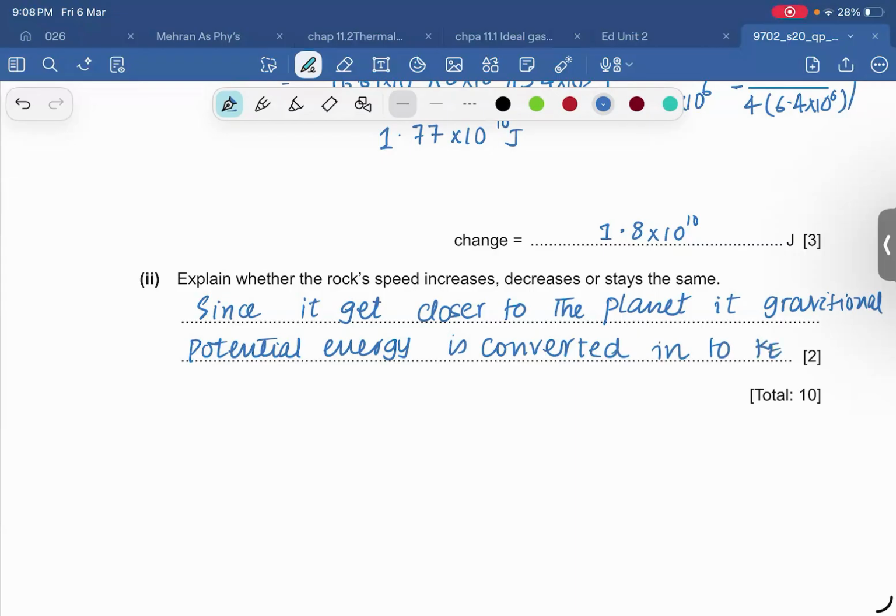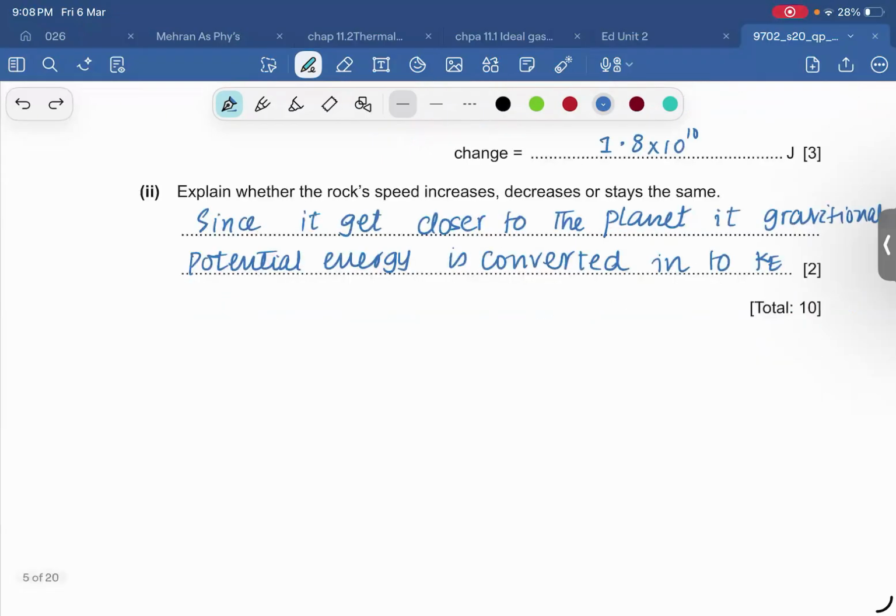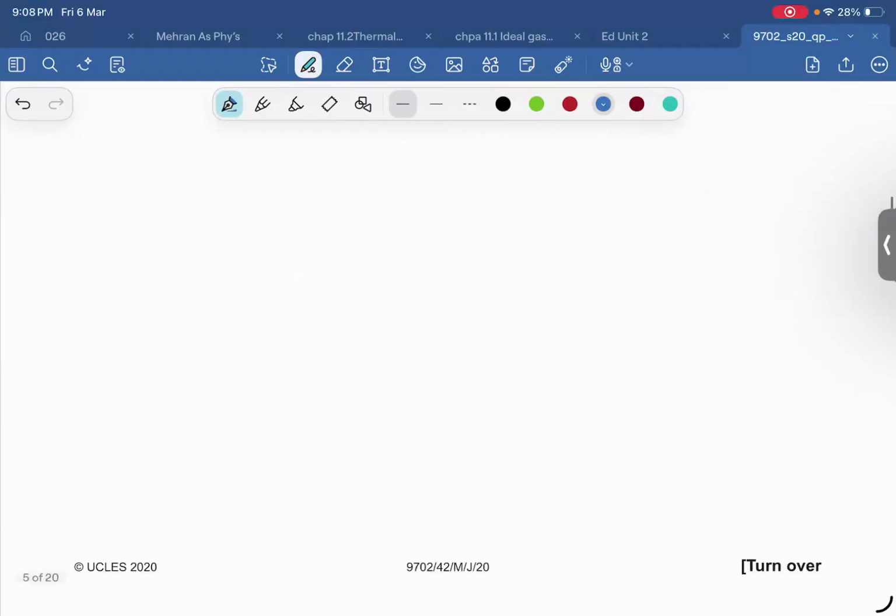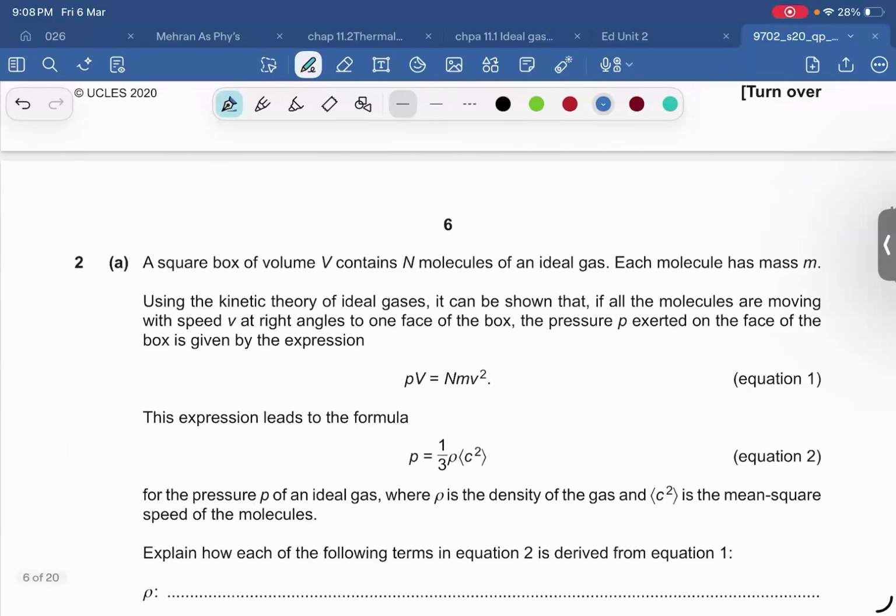And kindly don't write this type of thing in the exam, just like ke. It's not allowed. You have to write the full form, kinetic energy. So it speeds up. Now it's done. Please move on.